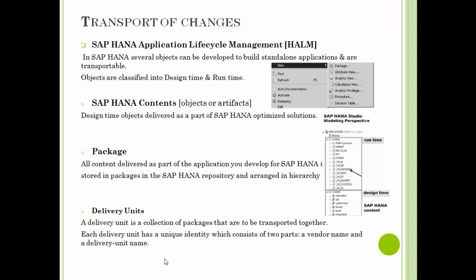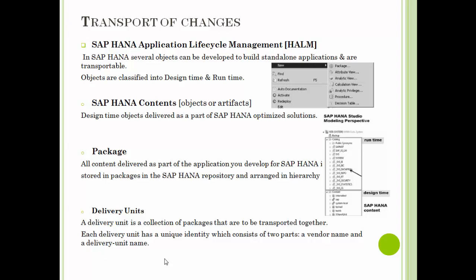So basically a typical basic transport landscape we know would contain development, a test and a production system. So these delivery units are moved across from dev to QAP and then to production accordingly. That's how the transport of delivery units would take place.